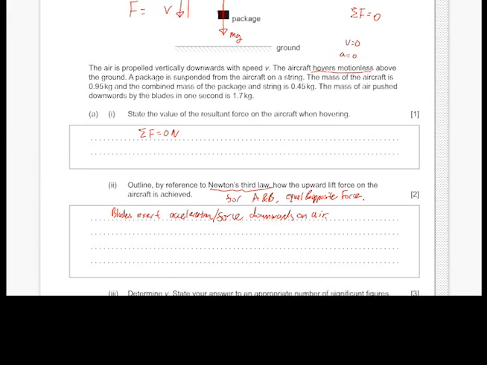Now, according to Newton's third law, we'd have the air responding by generating an equal and opposite force. So this force would be heading upwards, right? So upwards on the aircraft.